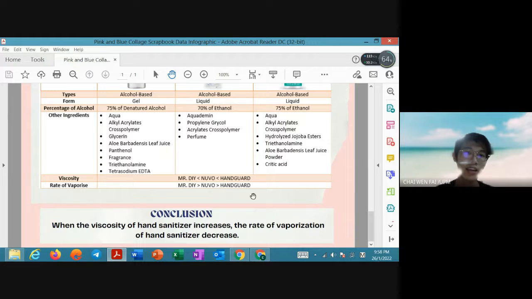Compared to Handguard, it has the largest viscosity and the rate of vaporization is decreased. Therefore, we can conclude that as the viscosity of the hand sanitizer increases, the rate of vaporization decreases, so they are inversely proportional to each other.